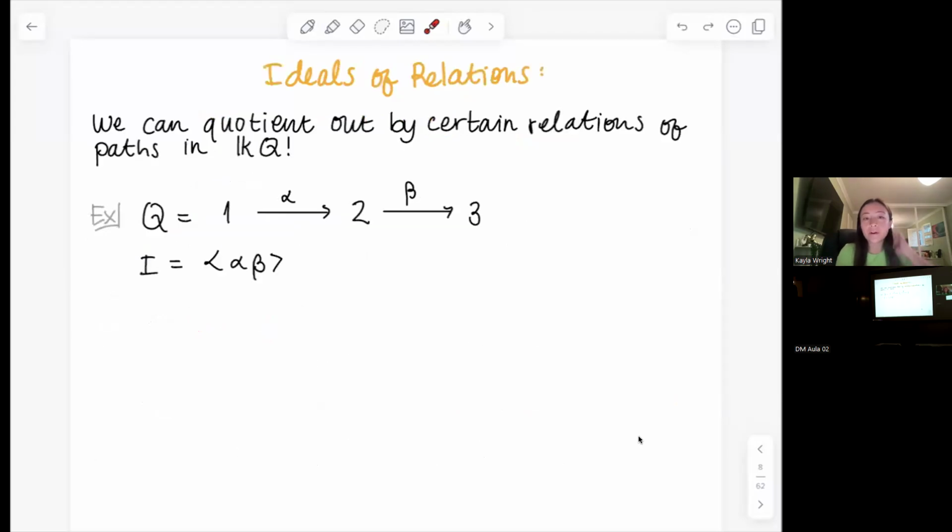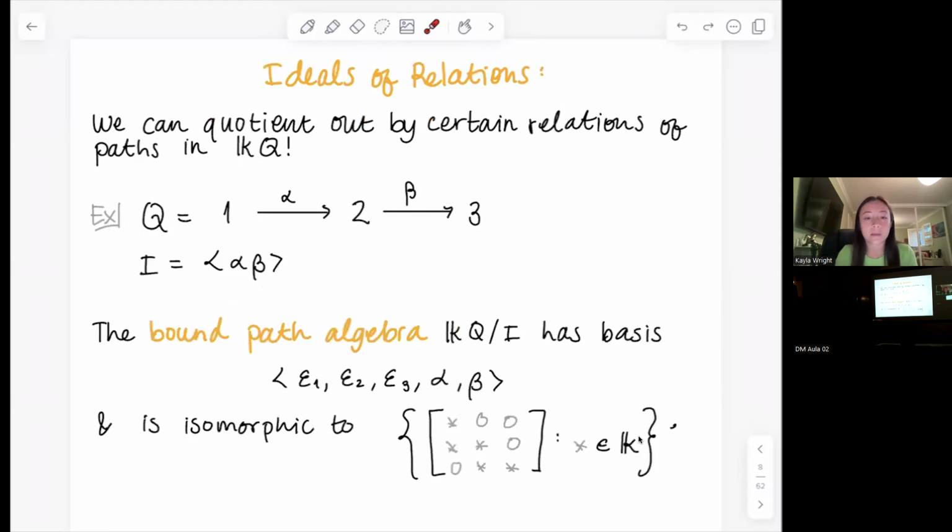Okay, so sometimes we want to impose some relations on our algebra. So we might want to quotient out by an ideal so that maybe we get some nice conditions on this path algebra. So for instance, if we take the quiver we've been looking at, maybe I can look at the ideal generated by this 2-path alpha beta and set that equal to 0.